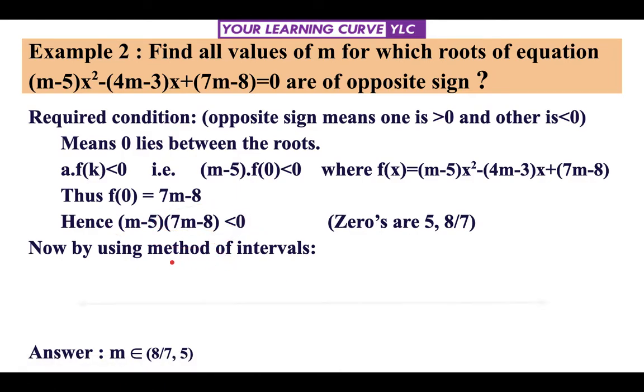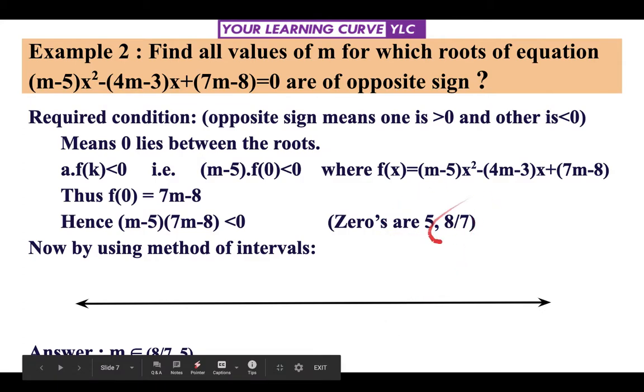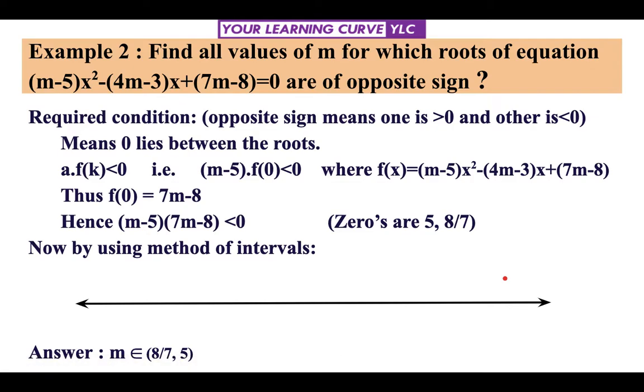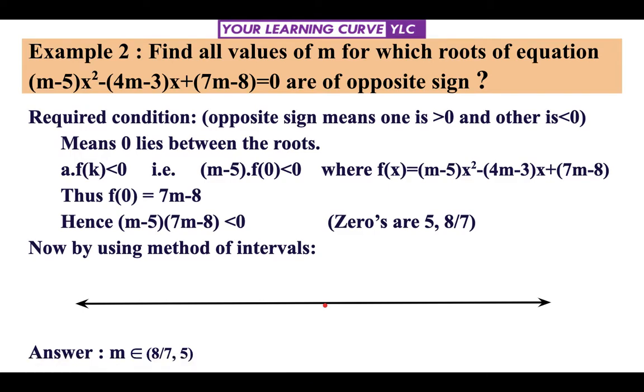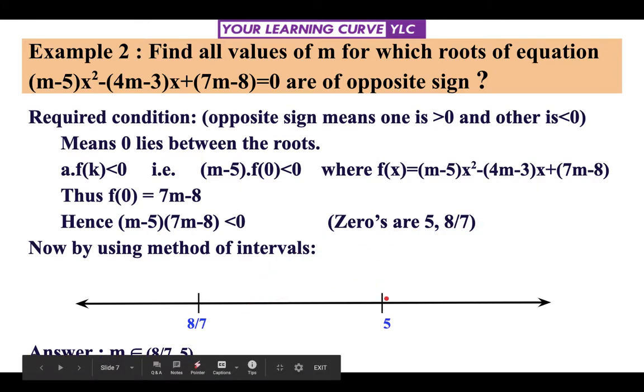Let's solve this inequality by the method of intervals. First we plot the number line, then we plot these numbers on the number line in increasing order. Remember, it seems to be a very silly point, but it's very important that you plot these numbers in order as they will appear on the number line. Don't miss the order, otherwise the answer will be totally wrong. Then we'll plot the numbers 8 by 7 and then 5.